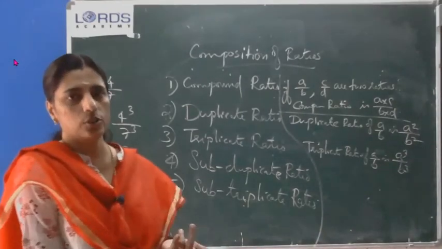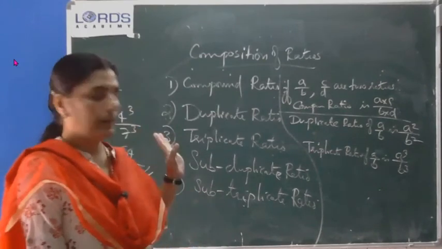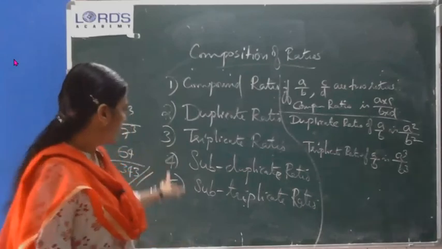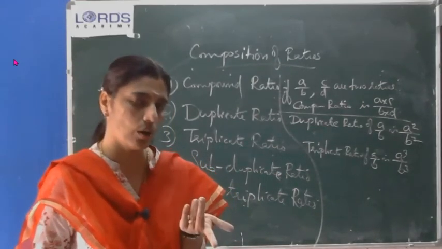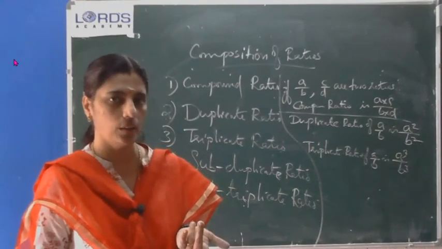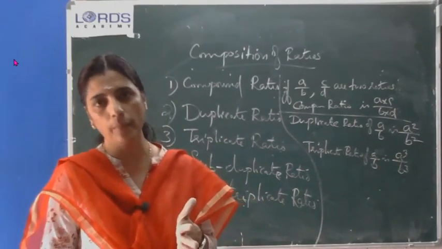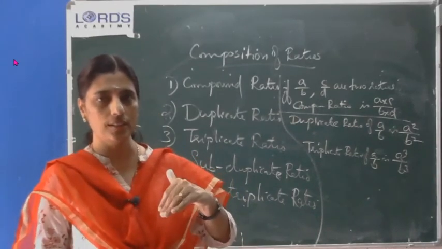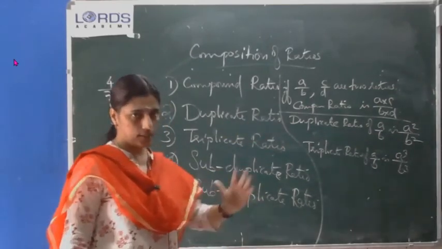So triplicate ratio means you have to find the cube of both the numerator and denominator. The resulting ratio is known as the triplicate ratio. Subduplicate ratio means taking the square roots of both the numerator and denominator. The resulting ratio is known as the subduplicate ratio. If duplicate is square, subduplicate is square root. If triplicate is cube, subtriplicate is cube root.